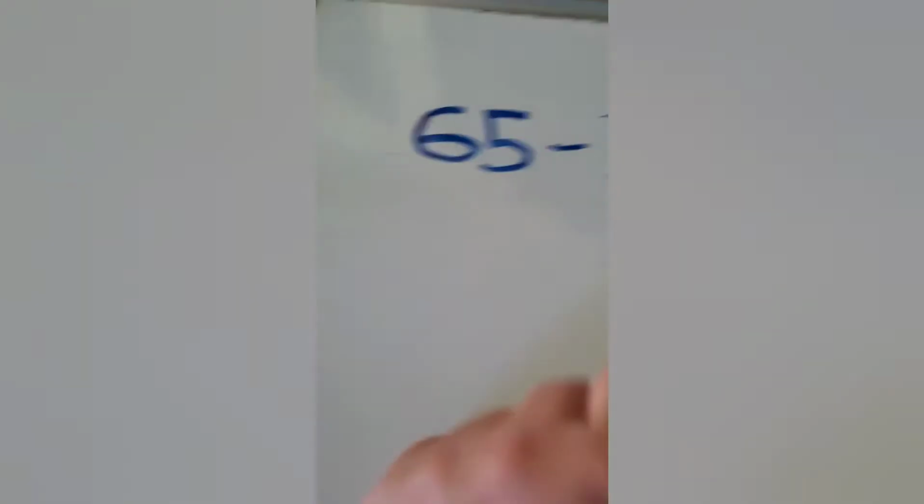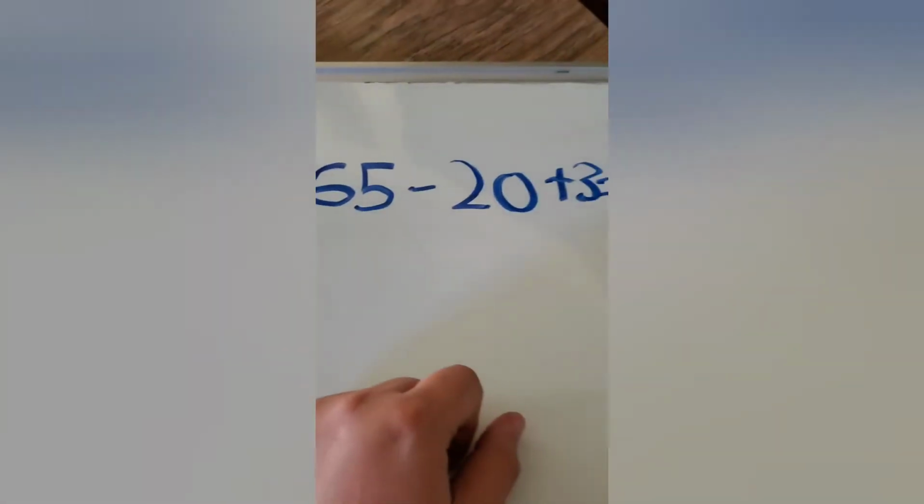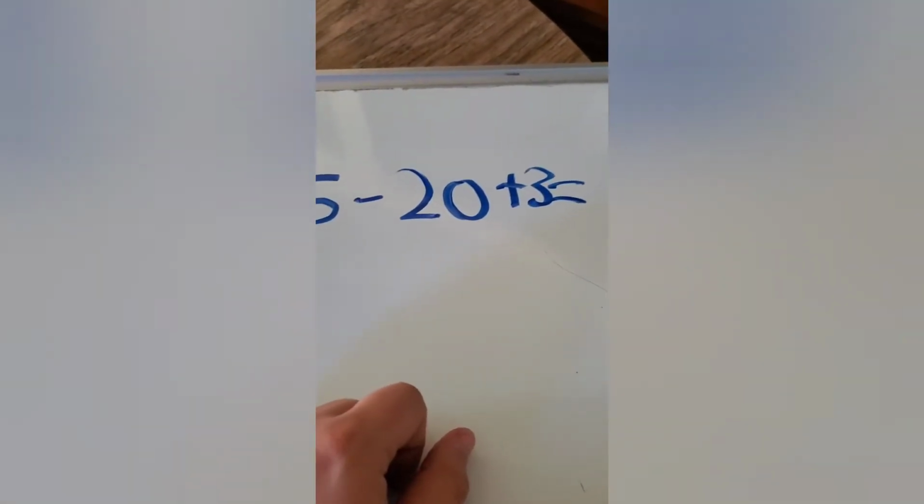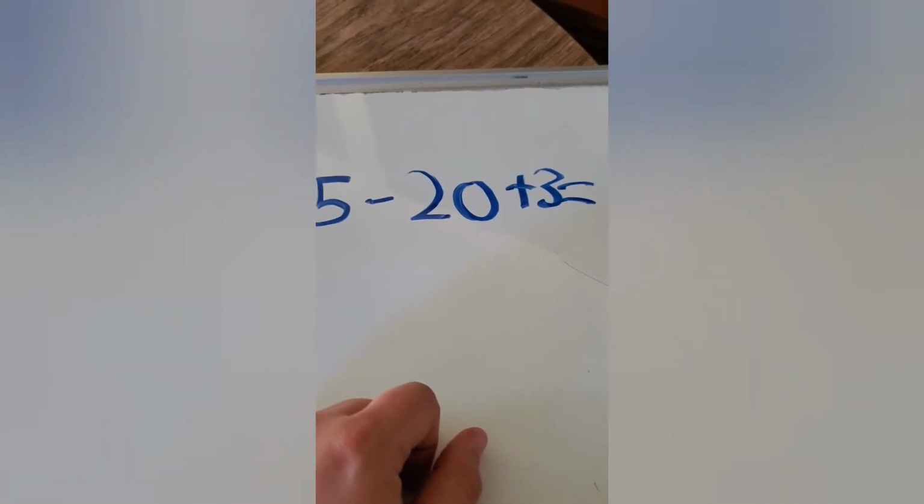All right, so now that I've showed you how to do 2, it is now your turn. Right now, I would like you to get out a piece of paper and I want you to write this number sentence, okay? 65 subtract 20 plus 3 equals. Okay, and you're going to solve this by yourselves. And if you need the 100s chart to help you, I encourage you to do that, okay?